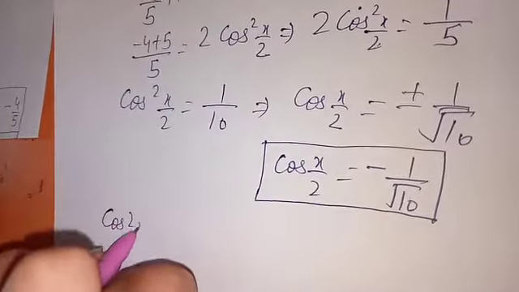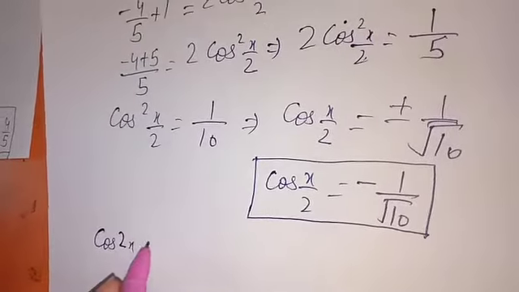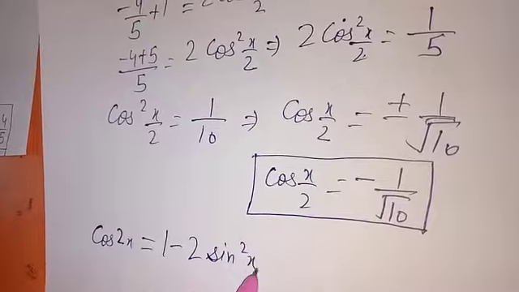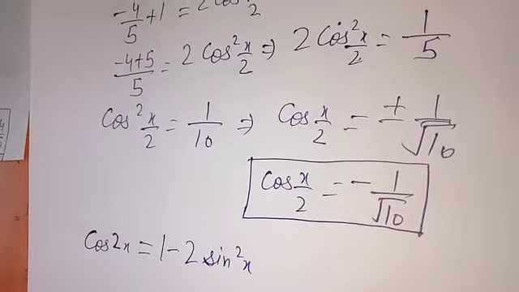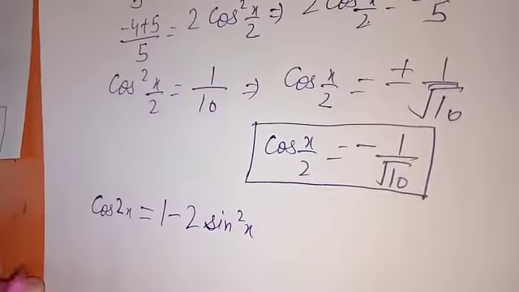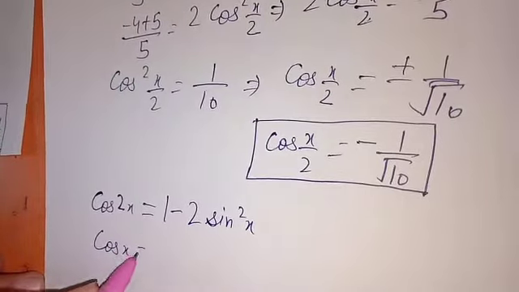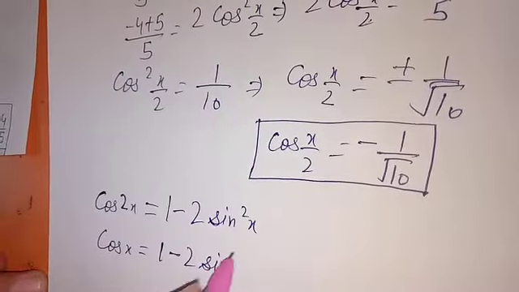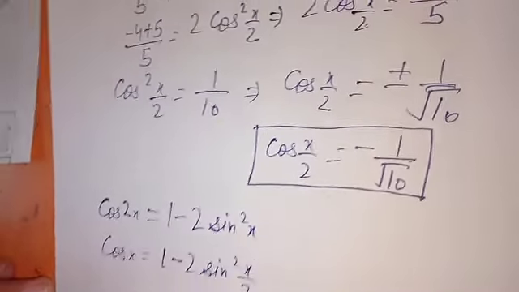Also cos 2x is equal to 1 minus 2 sin square x. It is also a formula of cos 2x. Again I can halve the angles. So what I will get? Cos x is equal to 1 minus 2 sin square x by 2.